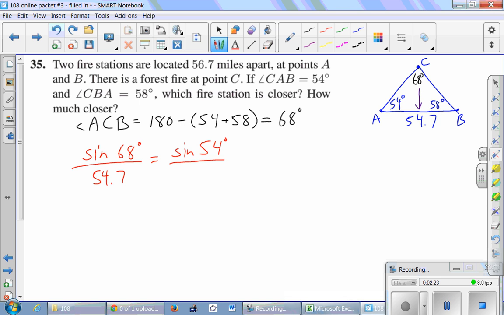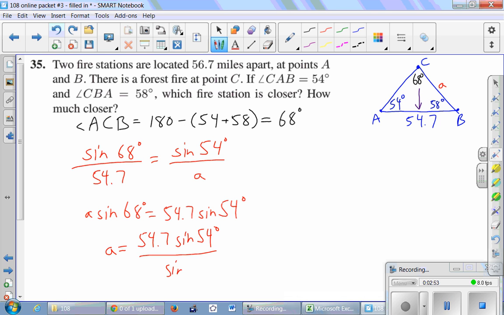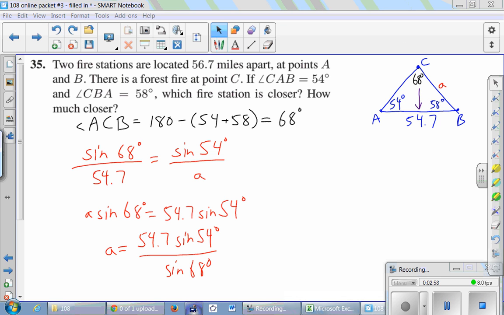The opposite side is, well, we'll call it little a, because it's opposite capital angle A. Okay, so we'll cross multiply, and then divide both sides by sine of 68. And then we'll use our calculator to get an approximation here.